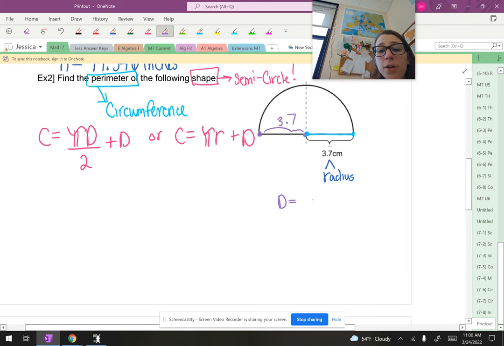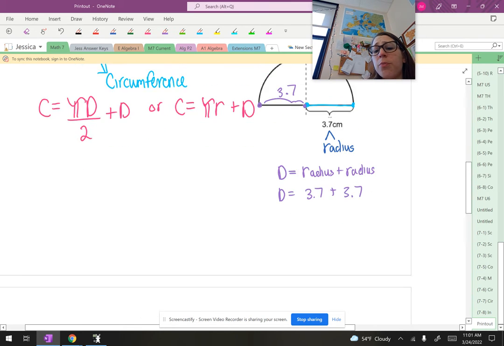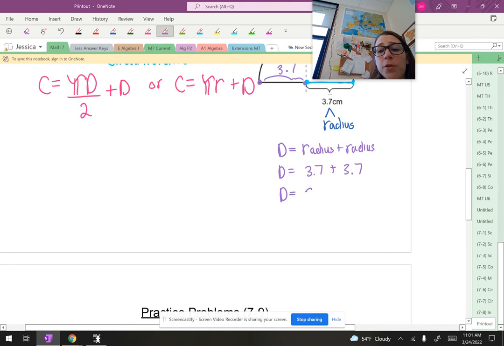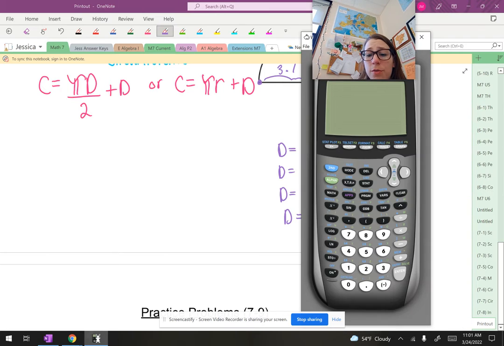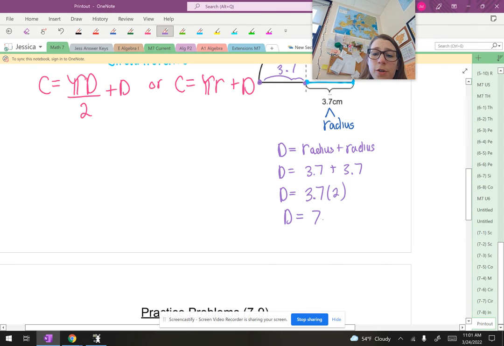So my diameter would be equal to my radius plus my radius, 3.7 plus 3.7, or 3.7 times 2. So diameter is equal to 3.7 times 2, which is 7.4.